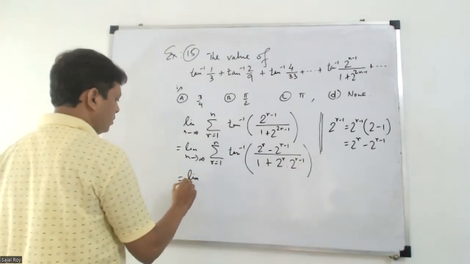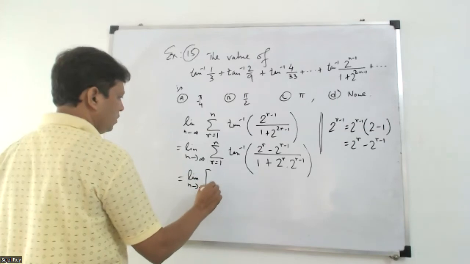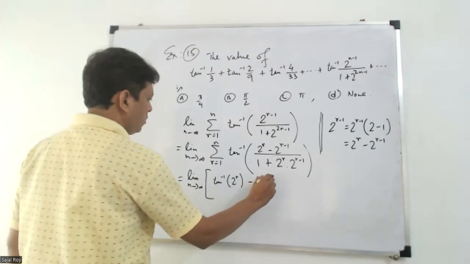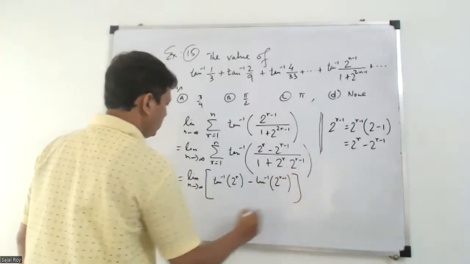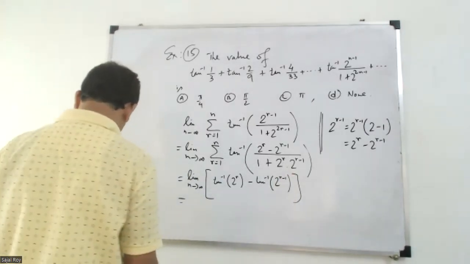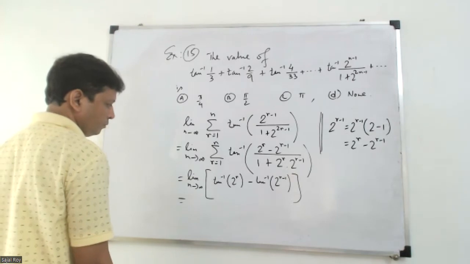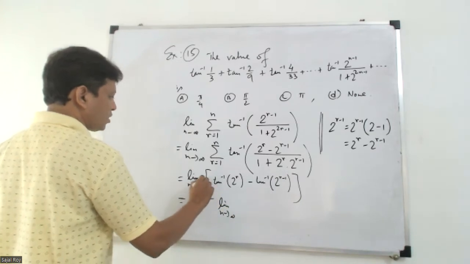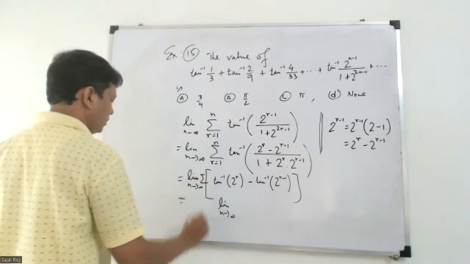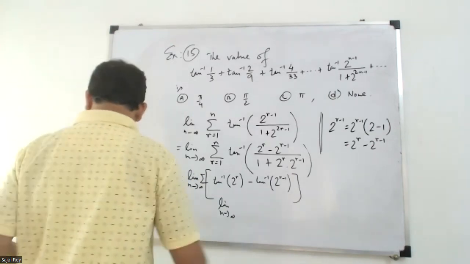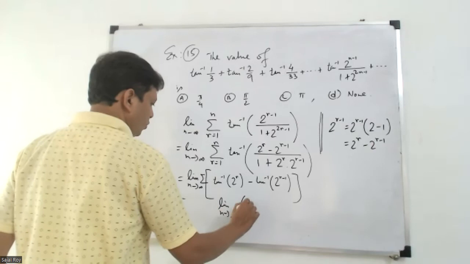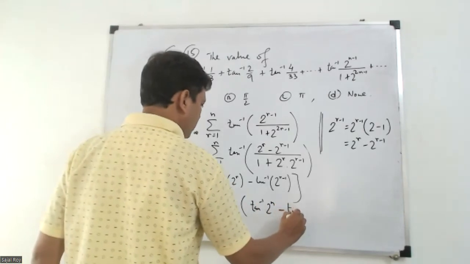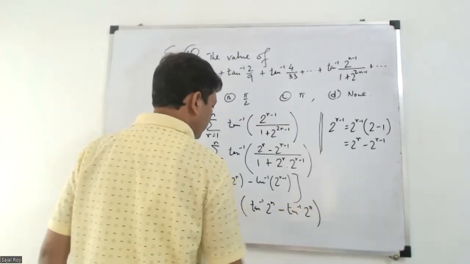So it's gonna be summation, right? So if you expand, you will have tan inverse 2n minus tan inverse 2 to the power 0, that is 1.